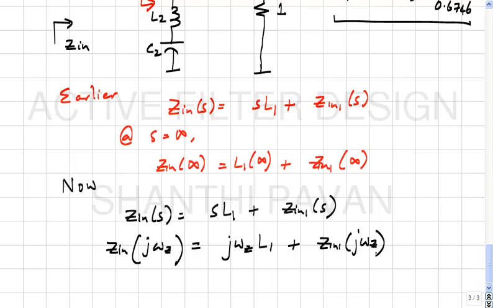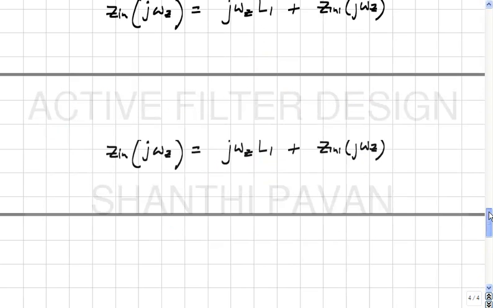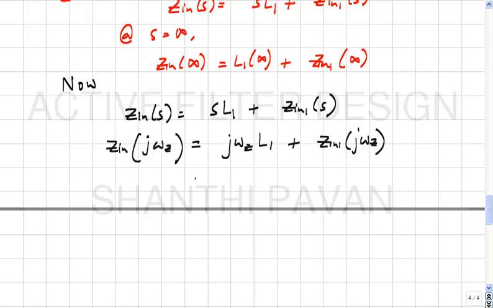I mean, this is exactly the same as what we did earlier. Earlier the zero of transmission was occurring at infinity, so everything was easy. Here now you need to do stuff at J omega Z. So what is Zn1 at J omega Z? It's 0, because of the series LC network.